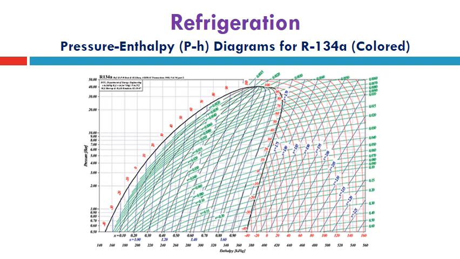We can review on it the main items and the main lines that must be shown on the pH diagram, such as the vertical axis of pressure in bar, the horizontal axis of enthalpy in kilojoule per kilogram, the liquid saturation line until the critical point, and then the vapor saturation line with this slope, which is larger than the slope of the liquid saturation line.